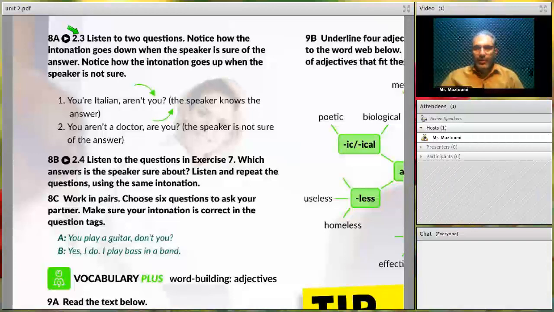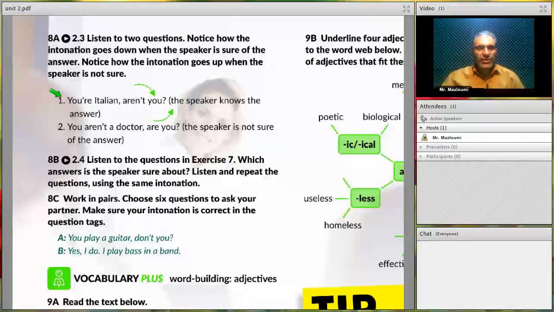Well, remember what intonation is. Intonation means the rising and falling of our voice. So when our voice goes up or just comes down. Everyone, we have a rising intonation and falling intonation.